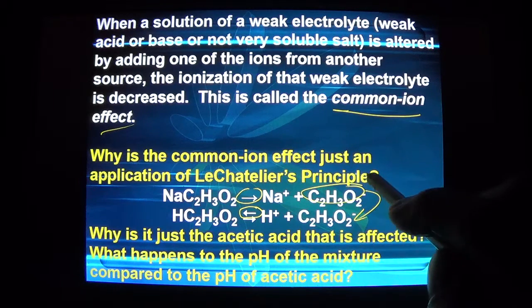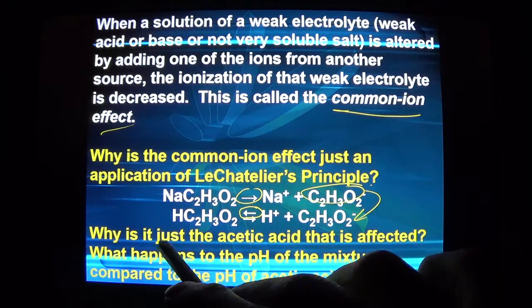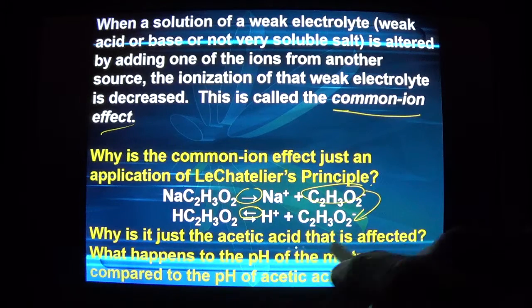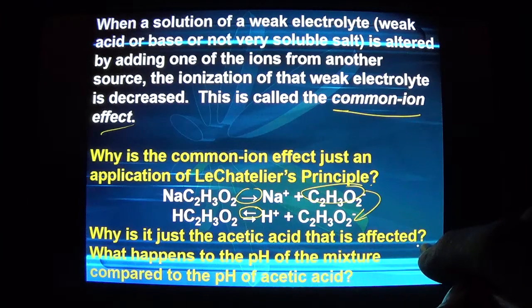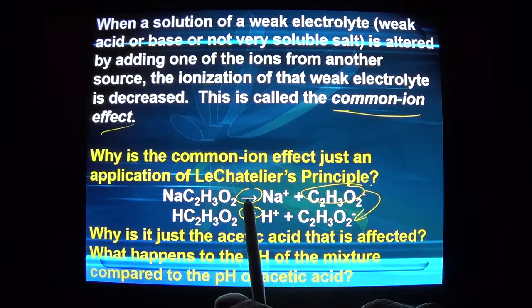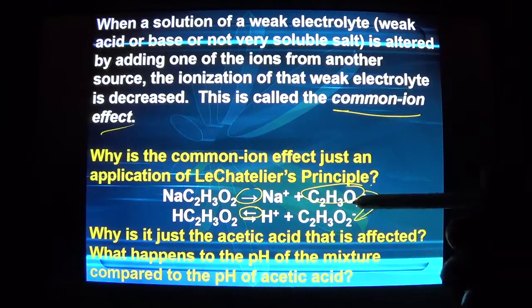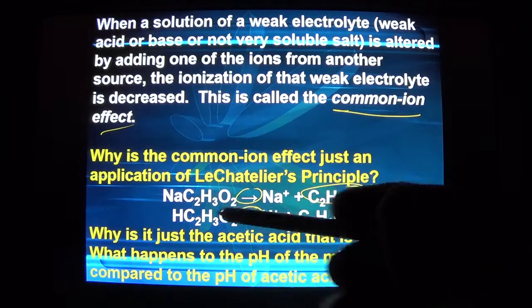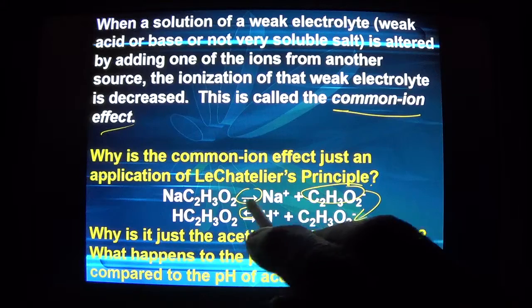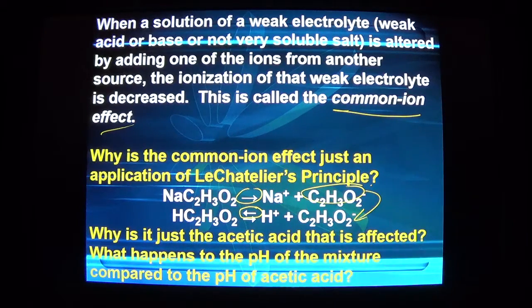So it is definitely Le Chatelier's principle that tells us about the common ion effect. Why is it just the acetic acid that's affected? Hopefully you said because this is a one-way arrow. I don't have the opportunity to go back. If they were both equilibrium arrows, yes, it would like decrease this and decrease that, but this is a one-way arrow. So it can only affect this equilibrium.